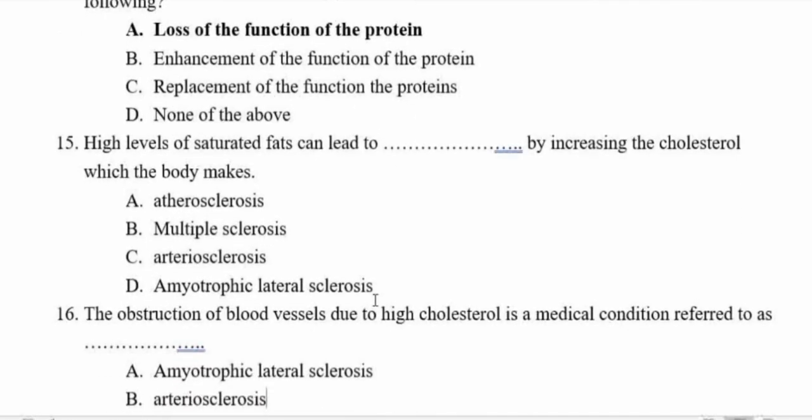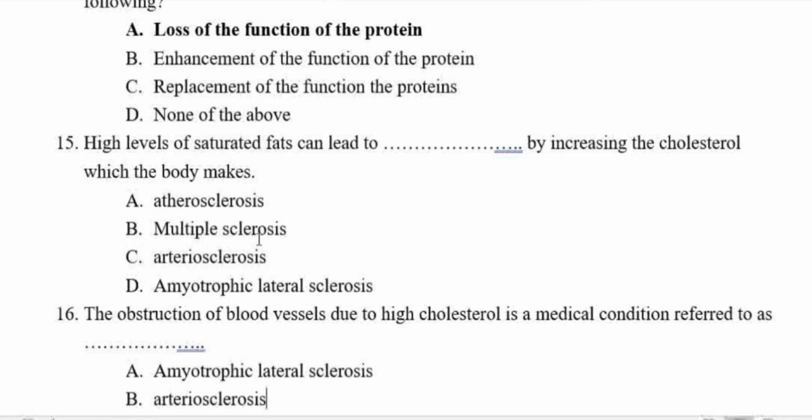Now, question 15. Question 15 says, high levels of saturated fats can lead to what, by increasing the cholesterol which the body makes? Option A is atherosclerosis.